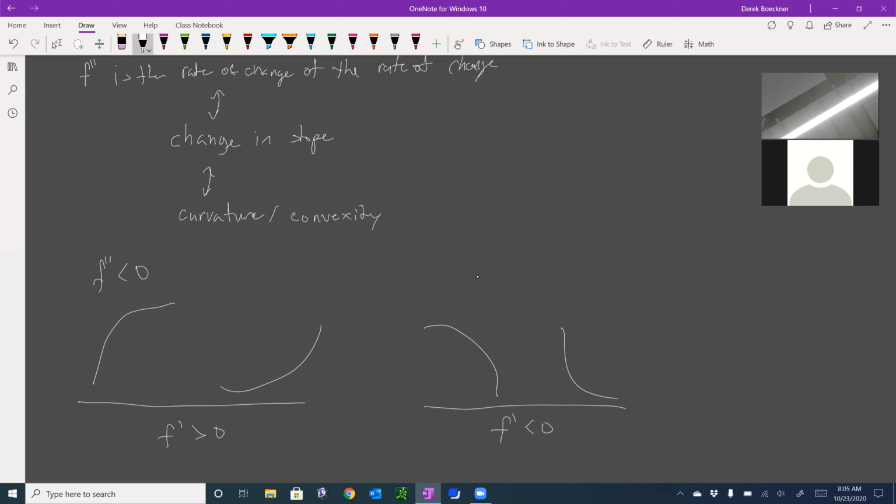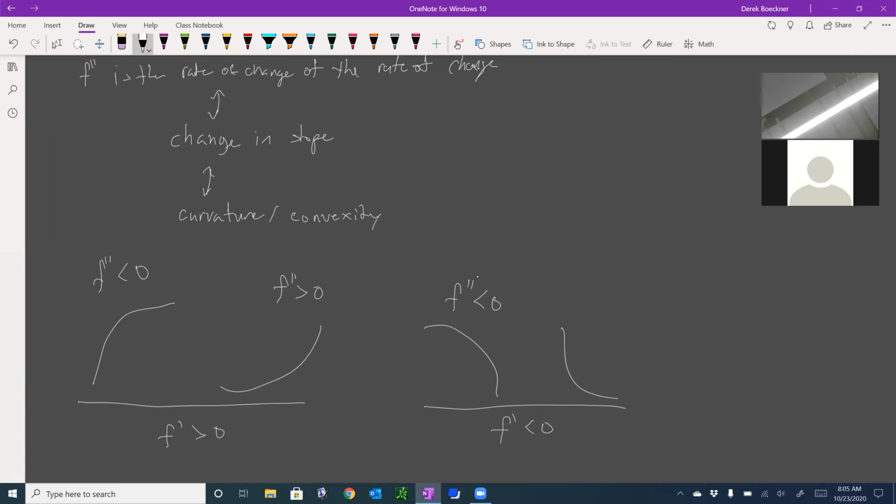This one starts out pretty flat and then it gets steep, so the second derivative must be positive because the slope is getting bigger. This one starts out flat and gets more negative, so not a very negative slope at first. So f double prime is less than 0 again because the slope is decreasing, not that it's getting shallower, but that it's getting more negative.